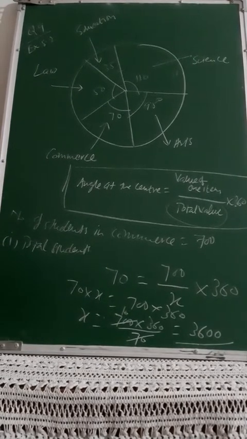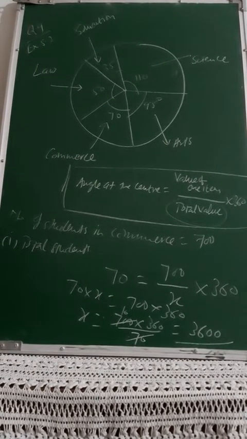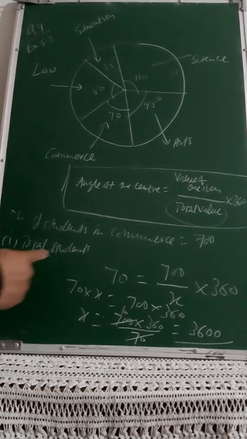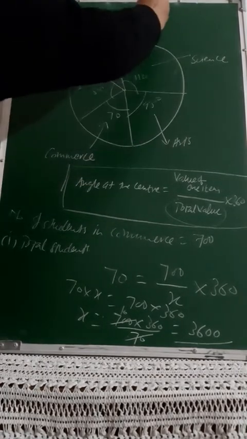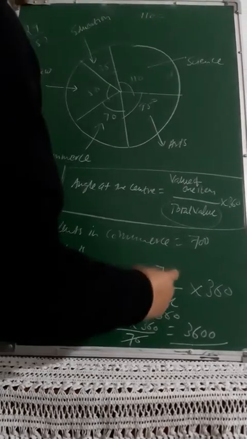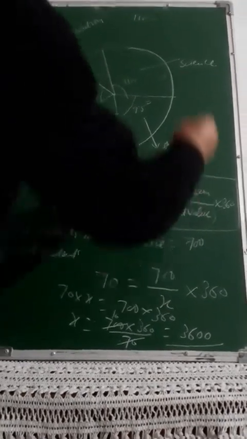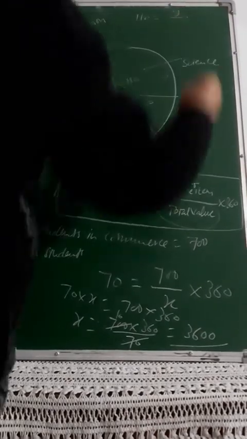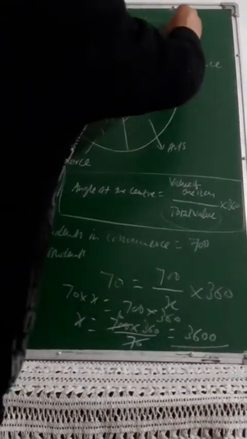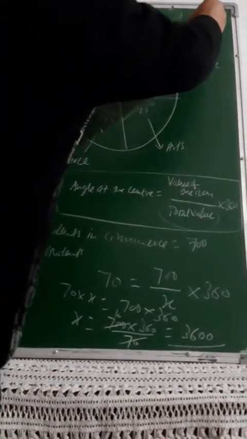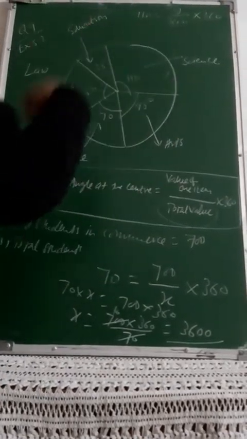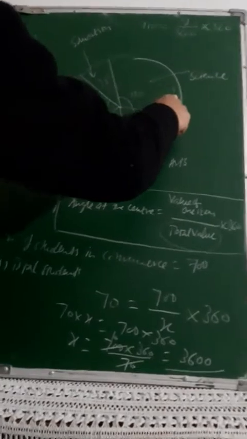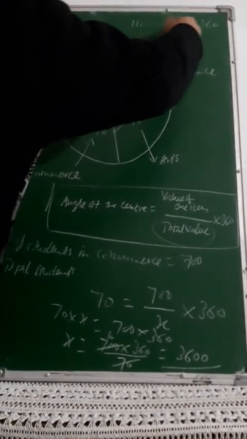What is the ratio of the students in science and law? When you are looking for science, here is the value. This is science, so you put the angle 110 degrees. Now you need to calculate the one item. Let the number of students in science be y, upon the total, which is 3600, into 360. I want to find how many students are there in science.